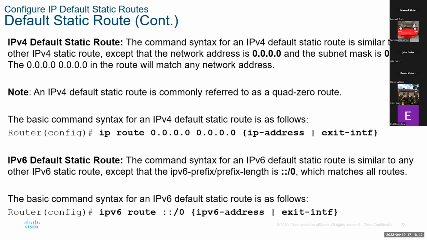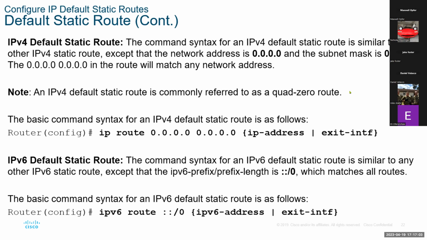Note, an IPv4 default static route is commonly referred to as a quad 0 route. So much easier to say. The basic command syntax for an IPv4 default static route is as follows: router config, ip route, and then you have the quad 0, and then the IP address or exit interface.